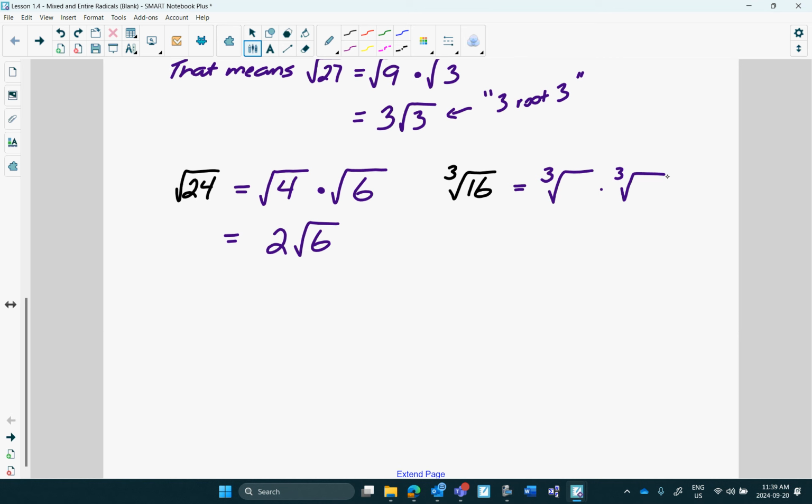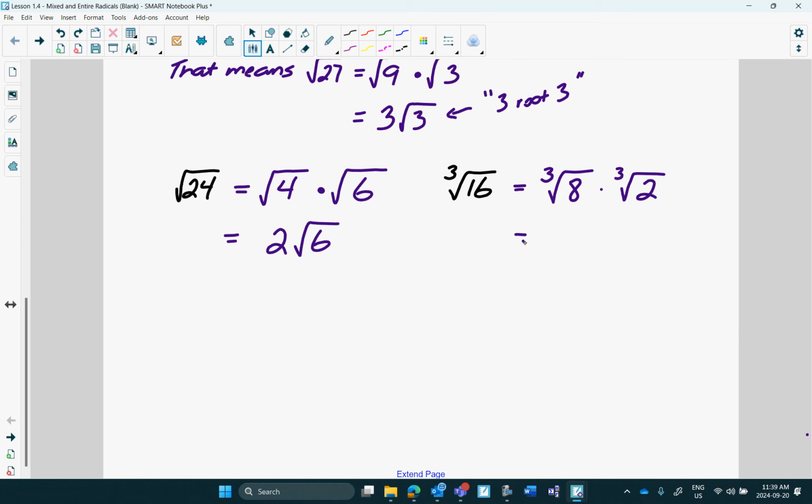Think of your perfect cube list. It's not very big. There's only a few numbers on it. What is the highest perfect cube that divides evenly into 16? 8. 4 is not a perfect cube. 8 is. And if this is 8, this must be 2 to get 16. 8 times 2 is 16.